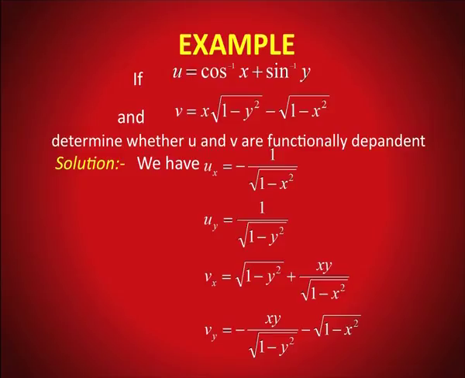Similarly, del u over del y is equal to 1 upon root 1 minus y square, and del v over del x is equal to root 1 minus y square plus xy upon root 1 minus x square, and del v over del y is equal to minus xy upon root 1 minus y square minus root 1 minus x square.